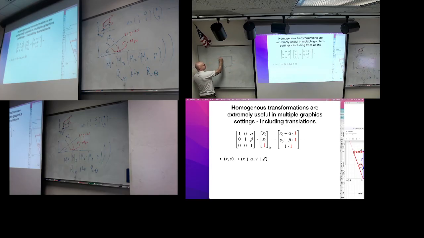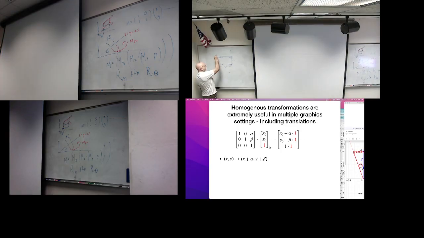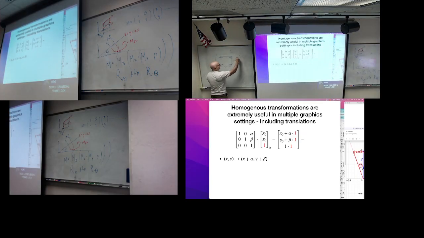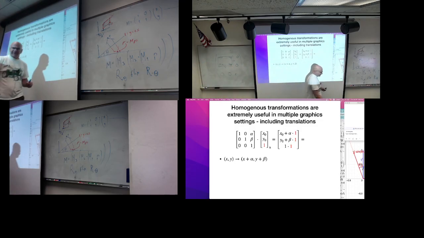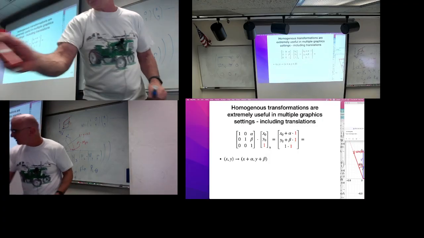For example, cosine theta, minus sine theta, sine theta, cosine theta was the matrix that we used for the rotation. Now I need to make it applicable to homogeneous coordinates. All I'll do is add 0, 0, 1, and 0, 0. That's true for the rotation, for the flipping, and for all the transformations that you have in mind.